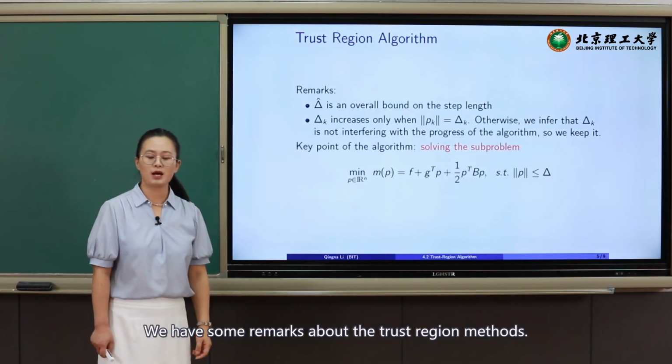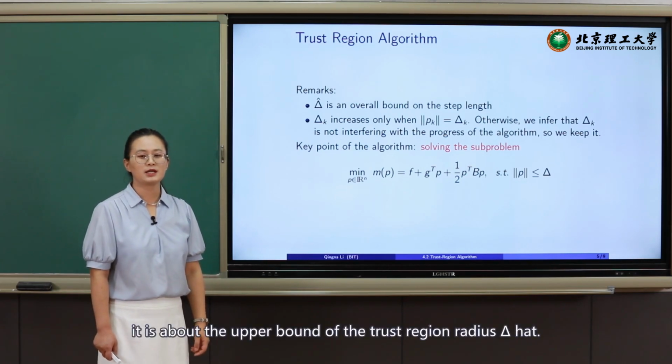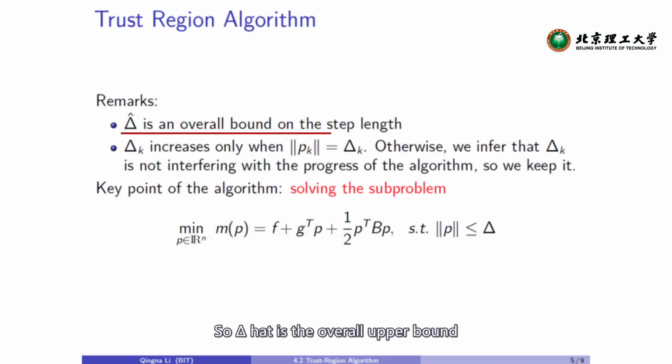And we have some remarks about the trust region methods. Firstly, it is about the upper bound of the trust region radius, delta hat. Delta hat is the overall upper bound for the trust region radius, and it is usually specified by the real situation. So if you have some preliminary knowledge about this problem as well as the shape of the feasible region, then we can specify this delta hat.